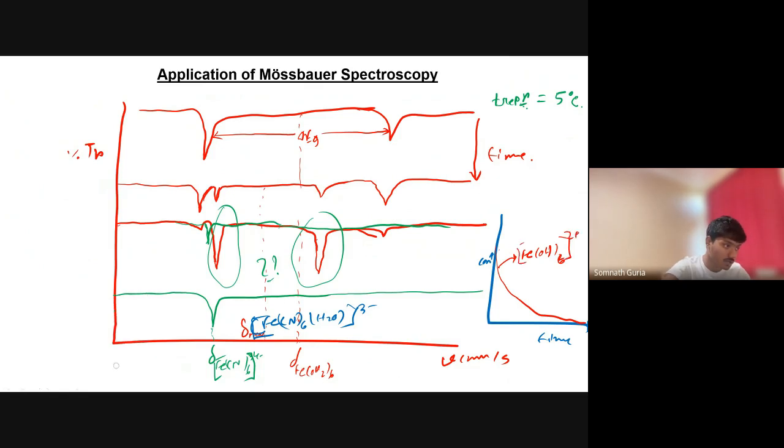Then we have a green one, which is something like Fe(CN)5 with iron 2, and then followed by the green one, which is the Fe(CN)6 4-. This is the product profile diagram.